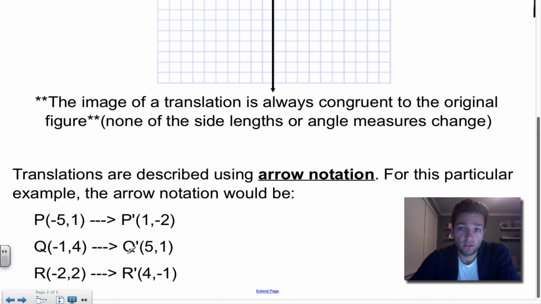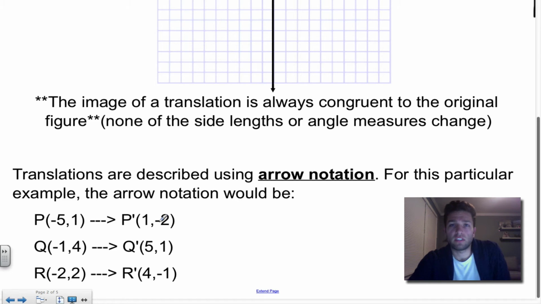So for this example that I have right here, I have my original points at -5, 1, -1, 4, and -2, 2. And then the new points were at 1, -2, 5, 1, and 4, -1. Literally, it's the original coordinates, an arrow, and then the prime notation of the coordinates at their new resting place.